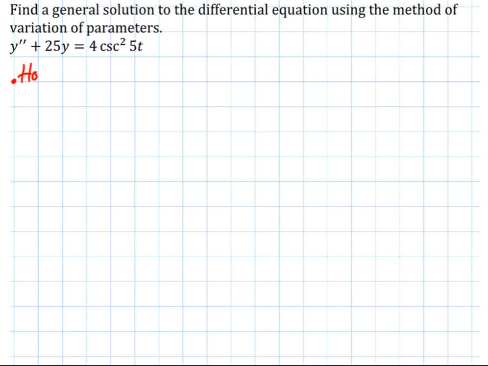We have the homogeneous equation, or homogeneous solution. The equation is the second derivative plus 25 times the function equal to 0.